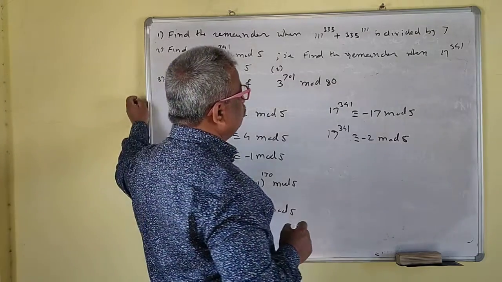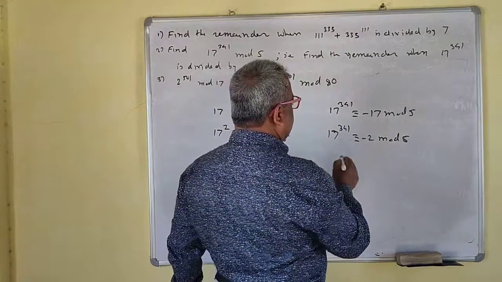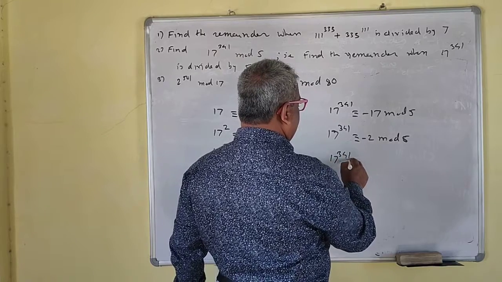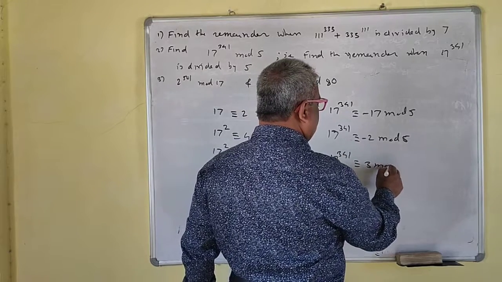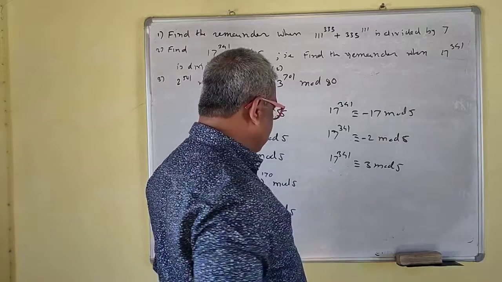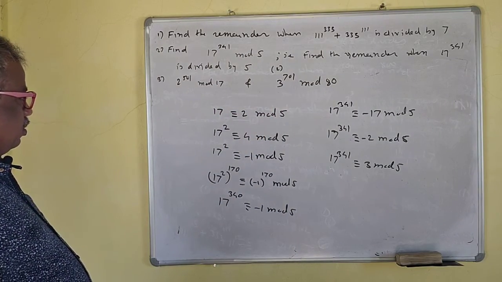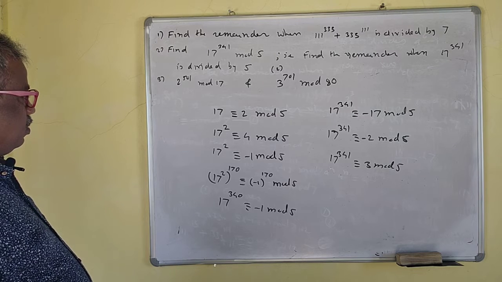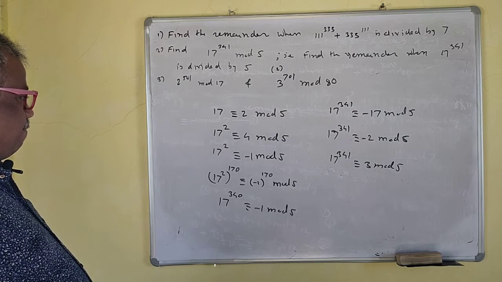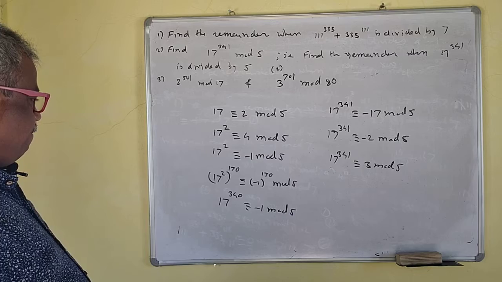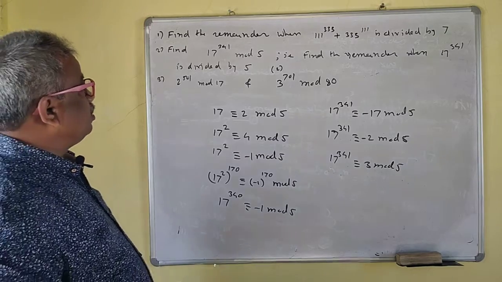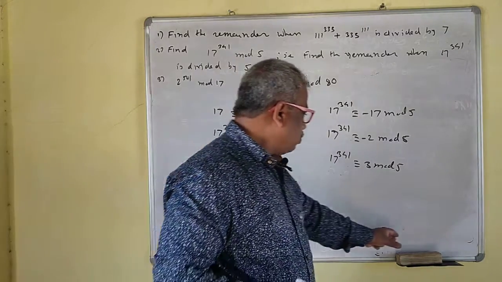And minus 2 is nothing but 3 now. 17 to the power 341 is congruent to 3 mod 5. That means the remainder is 3. The remainder is 3.